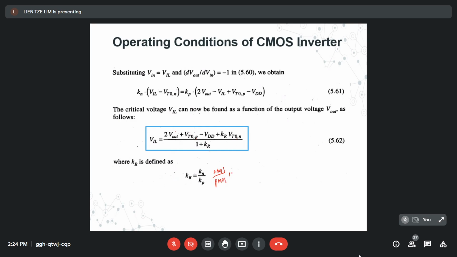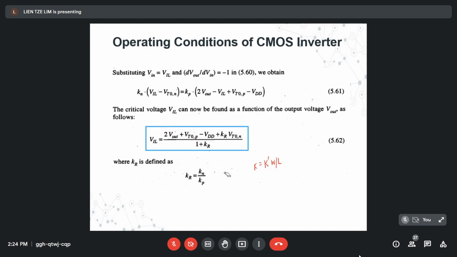I don't know what this K is called, but I usually just call it K, and K is defined as K prime W over L. So when I say K, you should know.